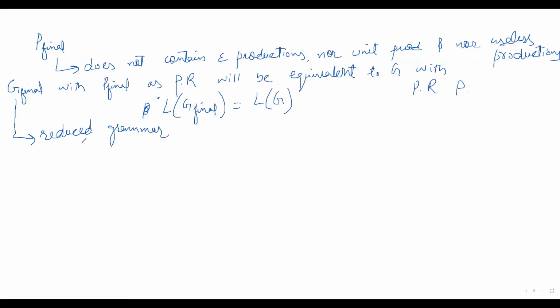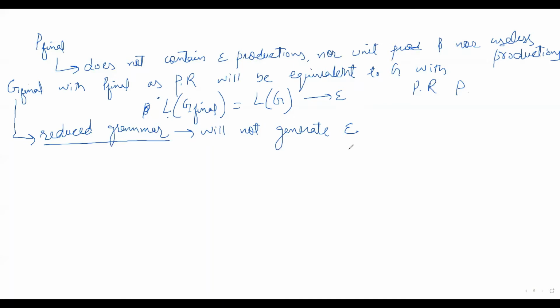And this reduced grammar will not generate epsilon. So you have to keep this in mind. It will not generate epsilon. Now let's suppose the grammar that we were using was generating epsilon as well. In that case, the language of G final will not be equal to the language of G because it is not generating epsilon. So you have to do a simple thing so that your G final will generate epsilon as well.